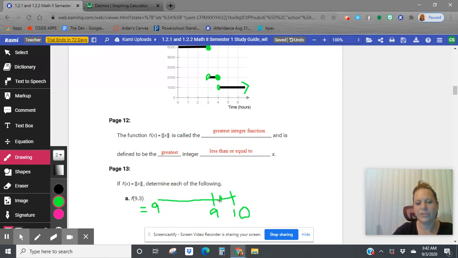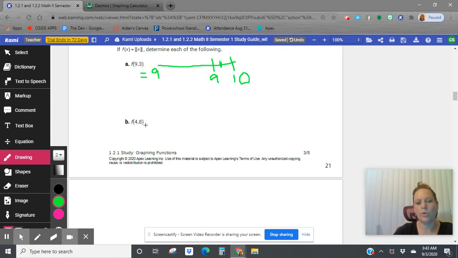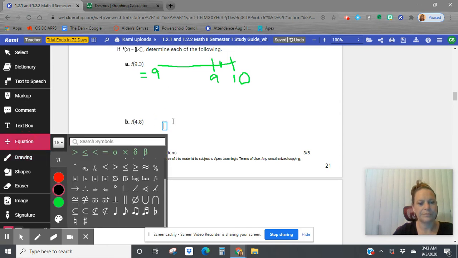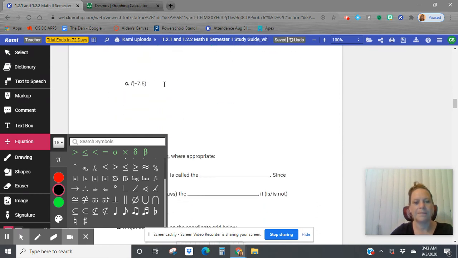It's the integer that's directly next to your number on the number line, the nice big whole number, 9. Let's go look at the next one. F of 4.8. Picture that number line. Picture where the 4.8 would be. So we're going to say F of 4.8 equals 4, the integer that's directly to the left of it on the number line.